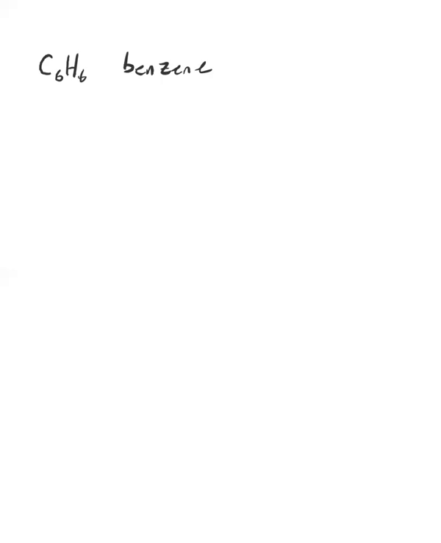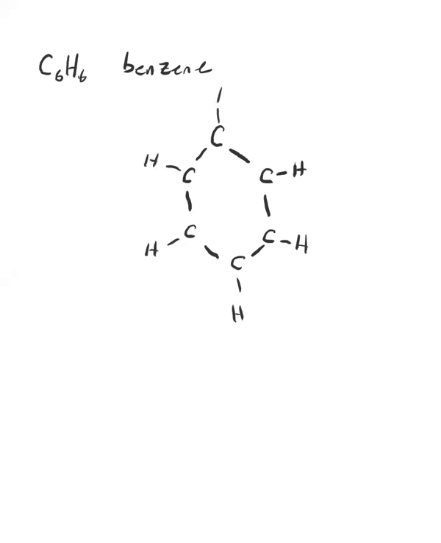Benzene is actually an example of a ring. And this appears in nature. A pretty famous chemist figured out that it was a ring. So what happens is you have 6 carbon atoms, geometrically it's a hexagon. C6H6, okay?